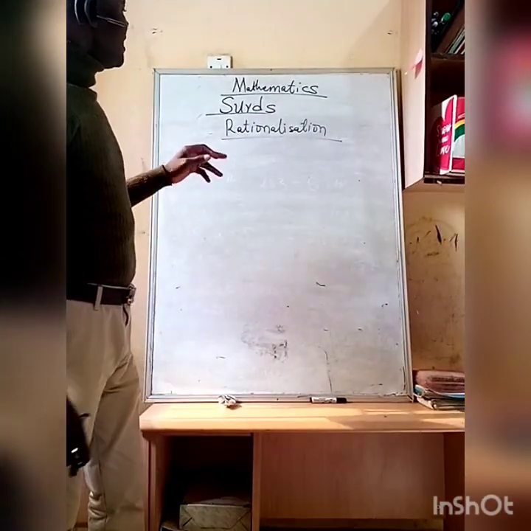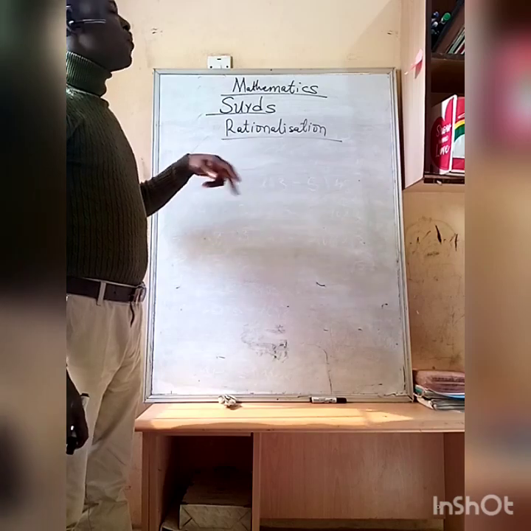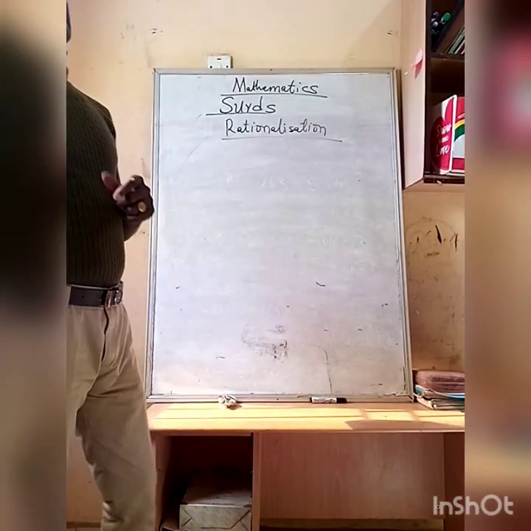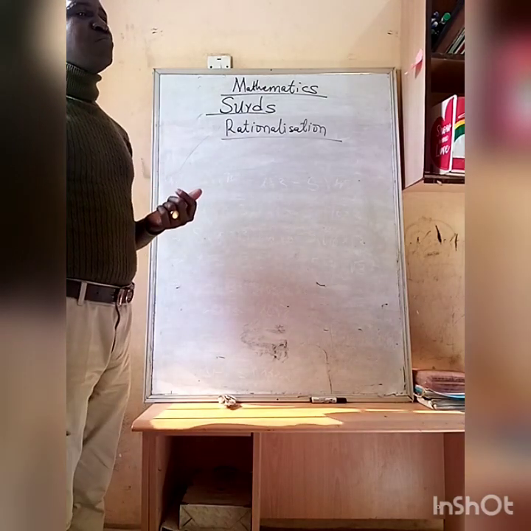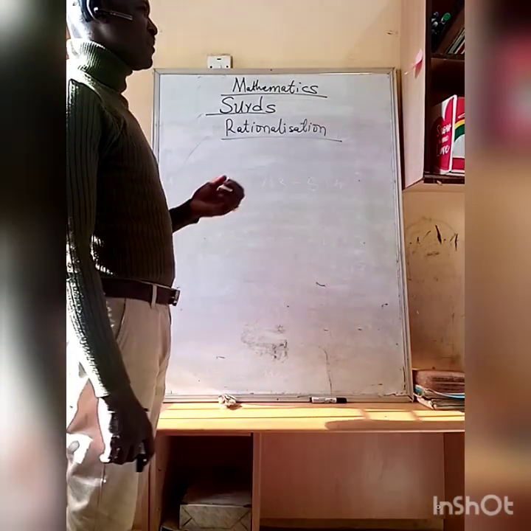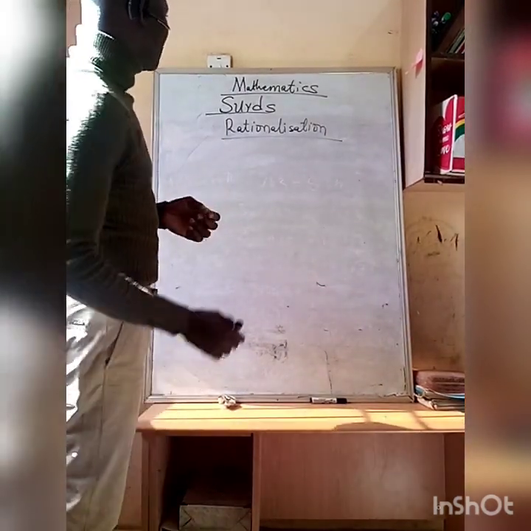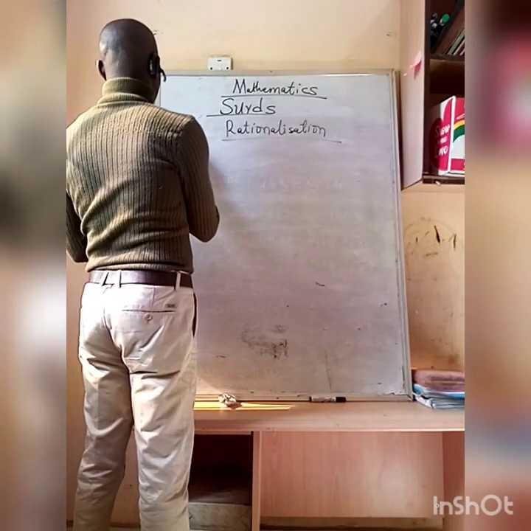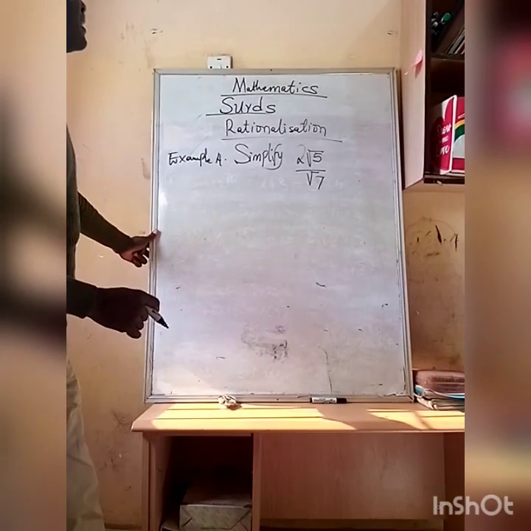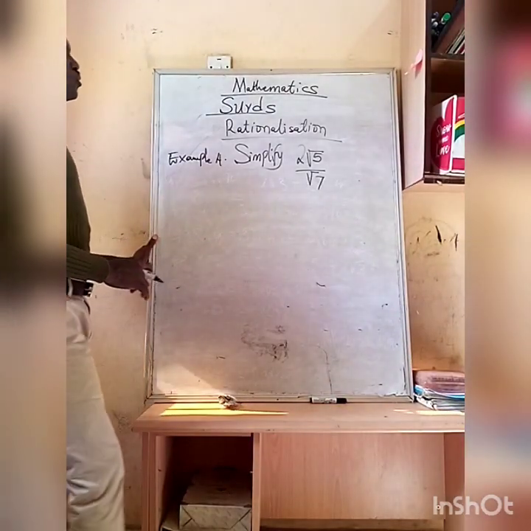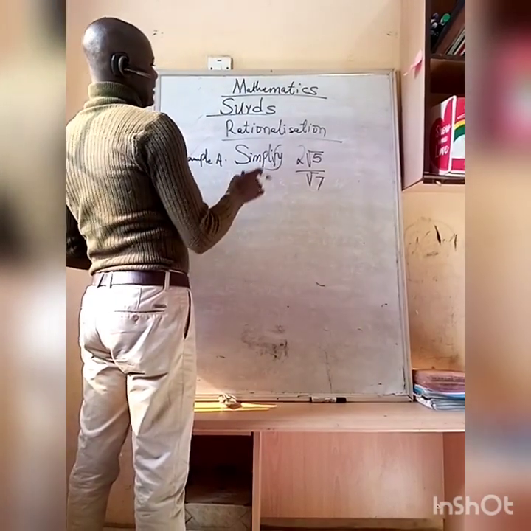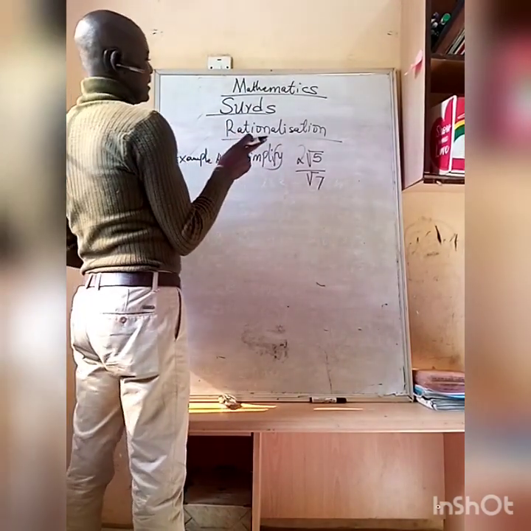Now, if for any reason we have a surd as a denominator, the number apparently is going to be an irrational expression. So it has to be rationalized, and I'll show you how that is done. If we have something like this, say 2√5/√7, this cannot stand.